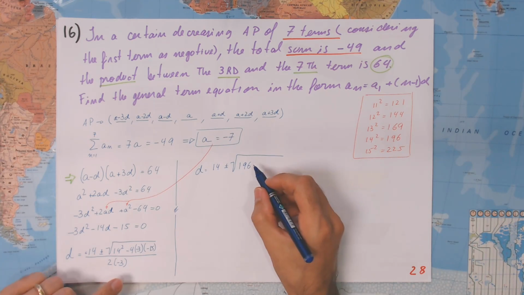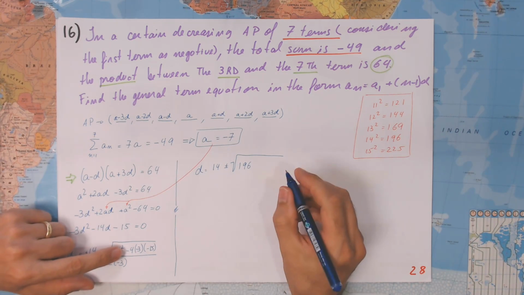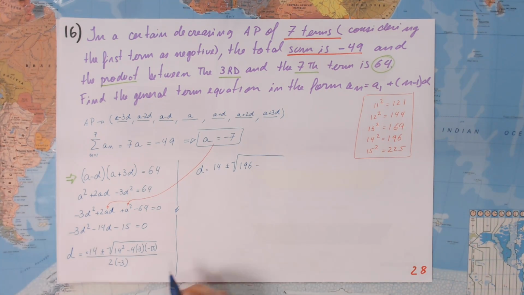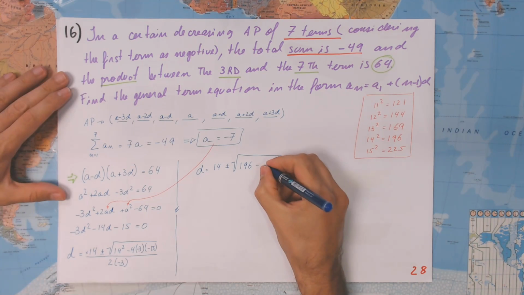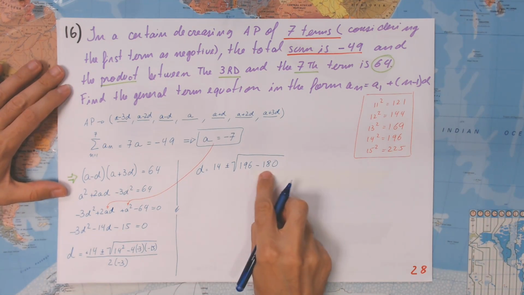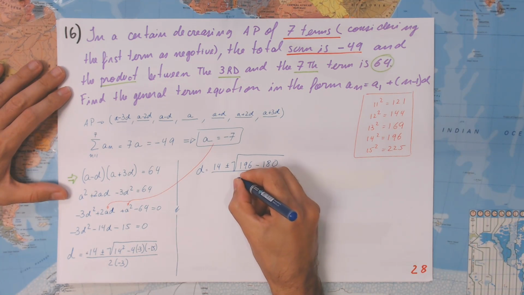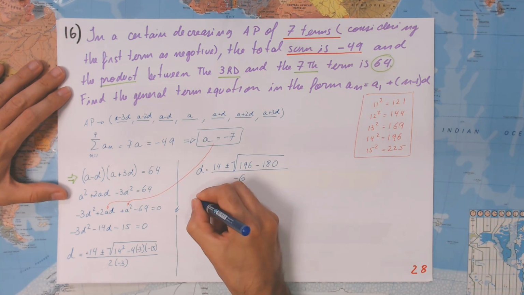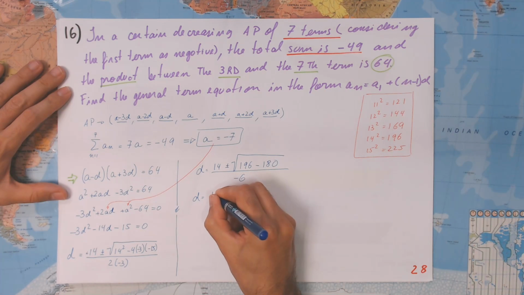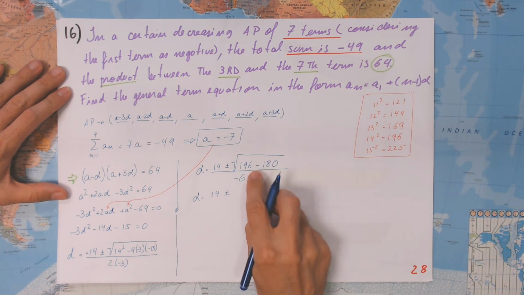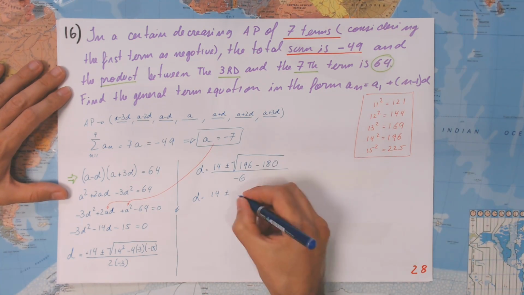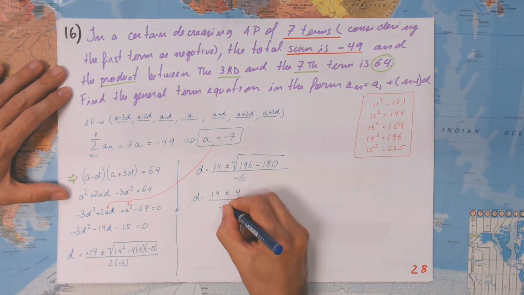Now 196 minus 4 times 15, which is 60. 60 times 3 is 180. Good. We are going to get 16 in here, over minus 6. So D is going to be 14 plus or minus the square root of 16, which is 4, over minus 6.